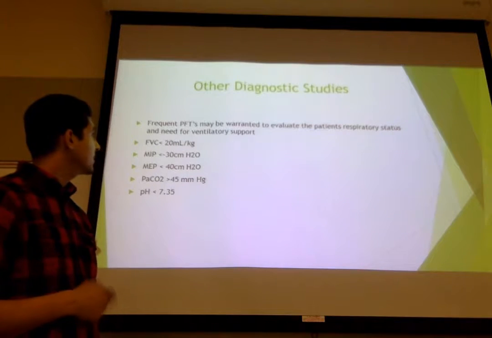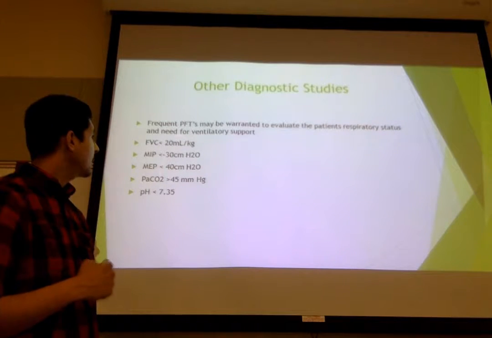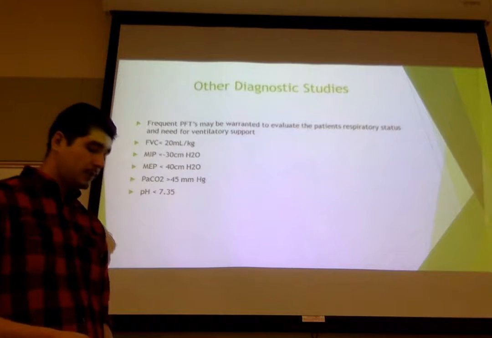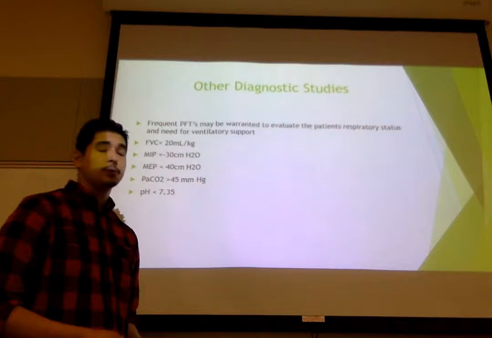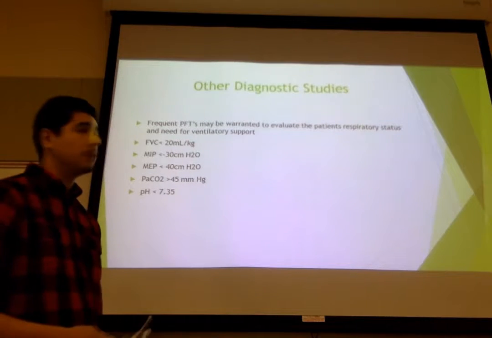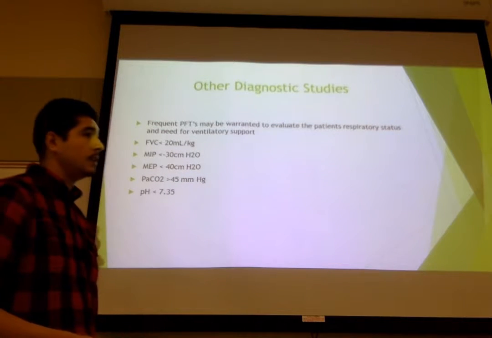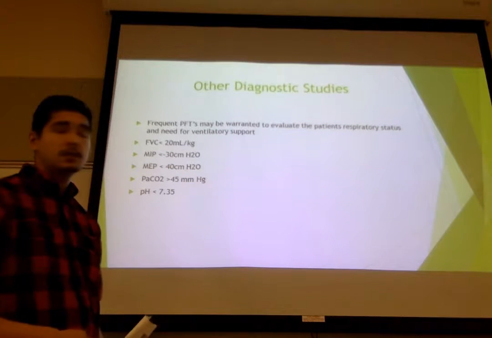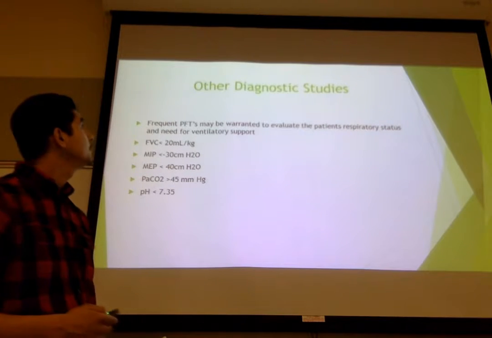If these numbers start going down, or in the CO2's case start going up, then these patients are most likely going to require some sort of ventilatory support, maybe even a trach, if there are no signs of improvement and the physician thinks it's going to take a while for them to recover.